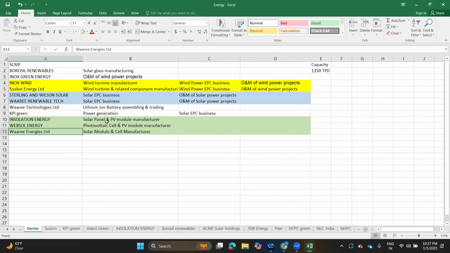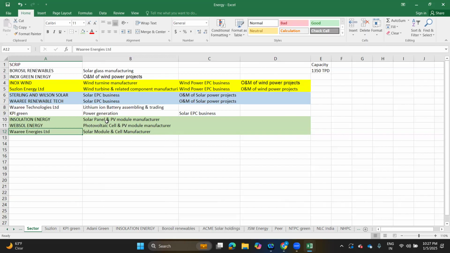All of these companies are solar panel, photovoltaic cell and module manufacturers. These three companies are in a similar line of business. That's why I say Borosil Renewables is in a similar value chain, or let's say higher in the value chain than Insolation Energy, Waaree Energies, and Vikram Energies, because they are the solar panel and PV module manufacturers.